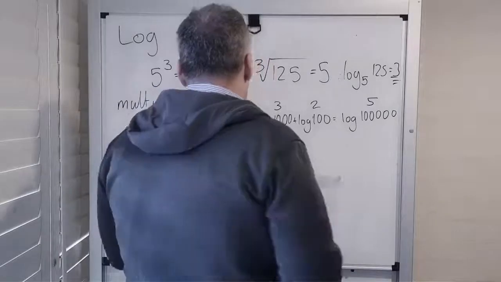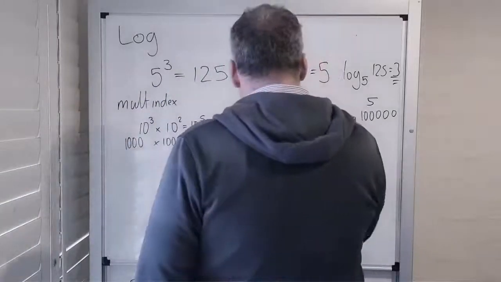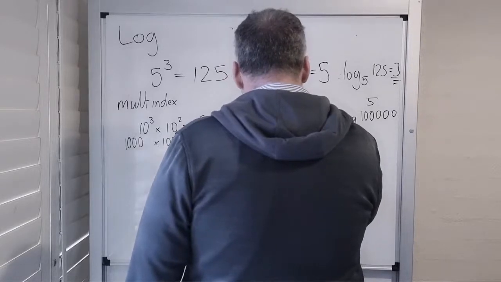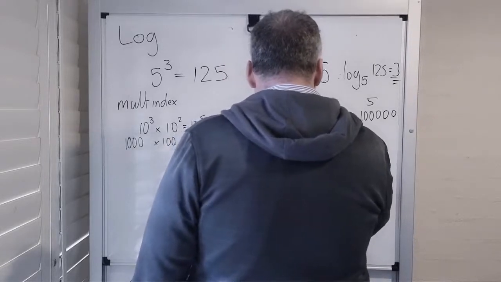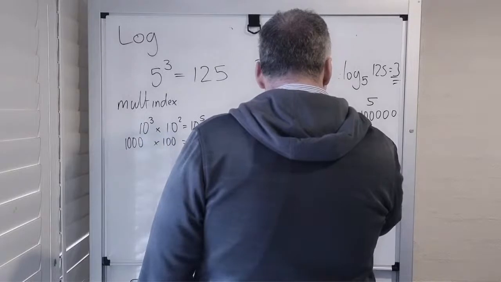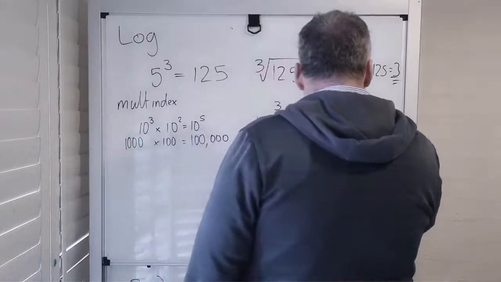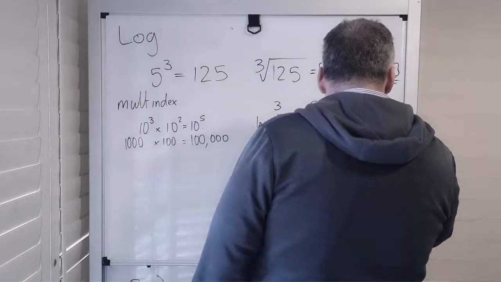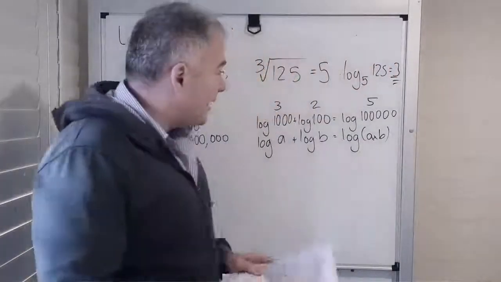So what this should show, if I could say it properly, is that log A plus log B equals log of A times B. This is the point I'm trying to make.